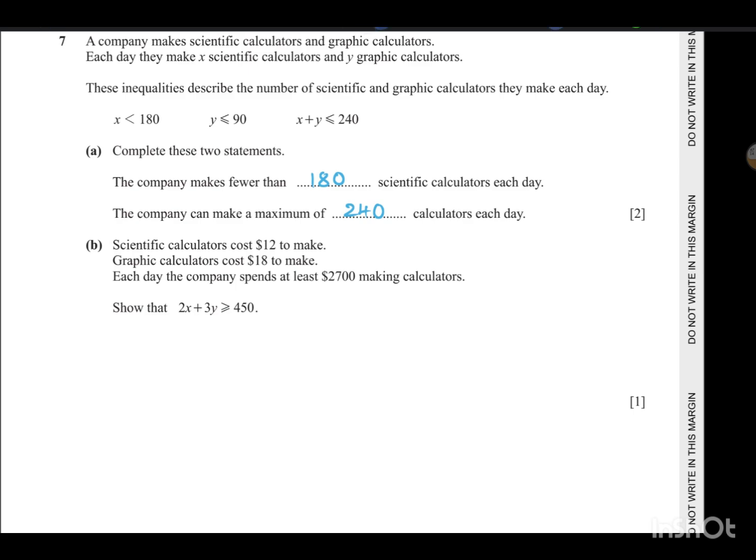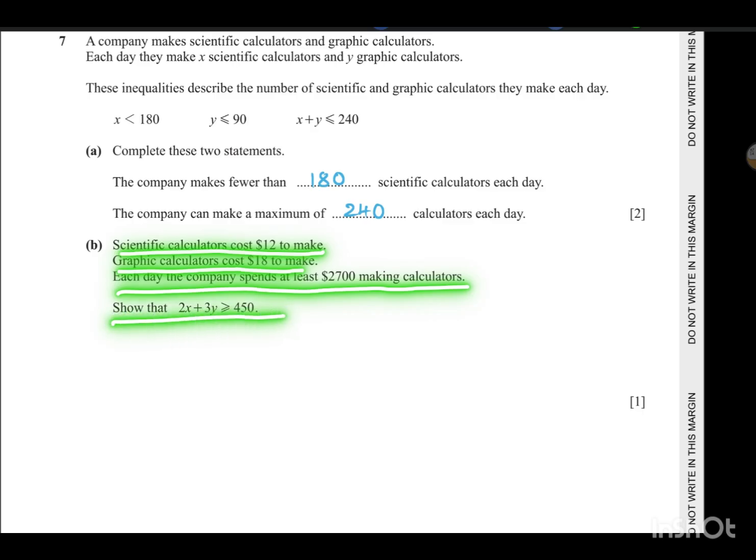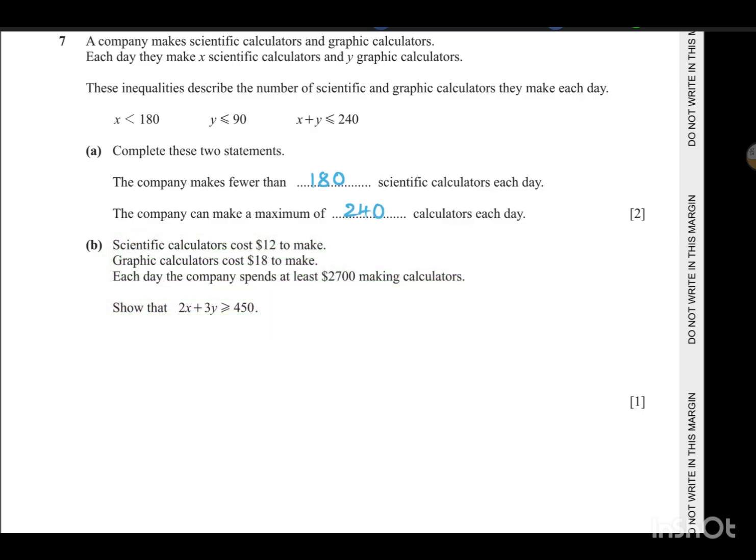Question B now. Scientific calculators cost $12 to make. Graphic calculators cost $18 to make. Each day the company spends at least 2,700 making calculators. Show that 2x plus 3y is greater than or equal to 450. So we multiply X scientific calculators by 12, because it costs $12 to make each, and $18 for each graphic calculator.